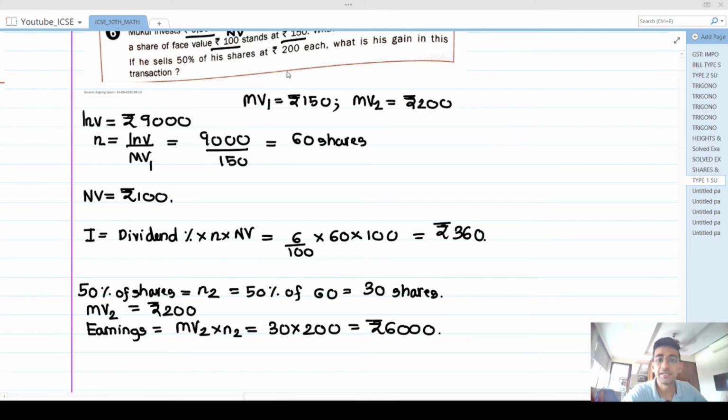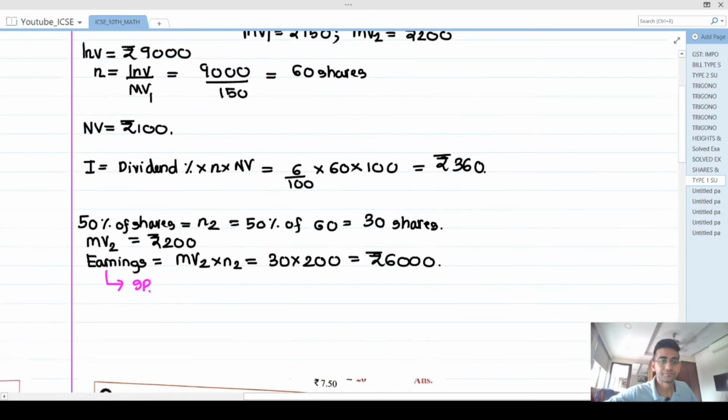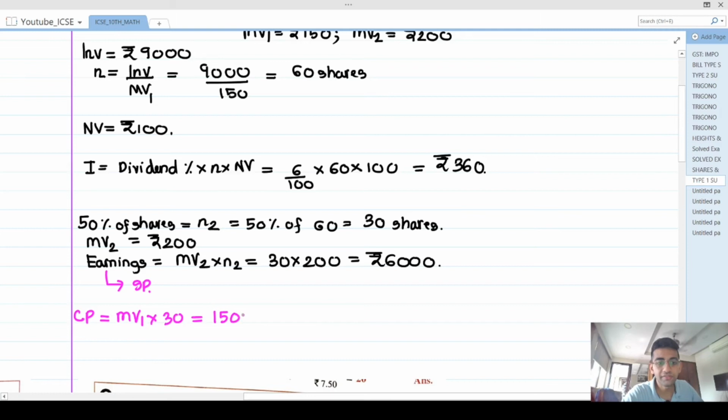Okay, think of it like a business transaction. So the earnings are nothing but his selling price. And what was his cost price? His cost price was nothing but the MV1, what he bought it at, into 30 shares. So what he bought it at was 150 into 30, and that becomes rupees 4,500. So what was his profit or gain?